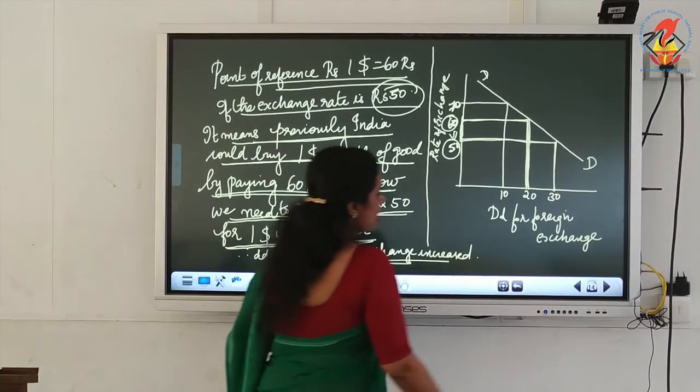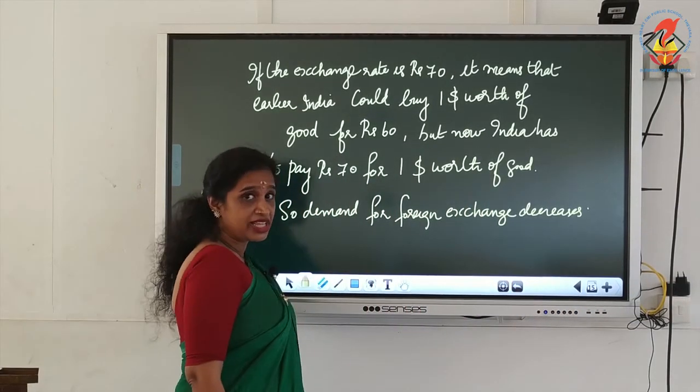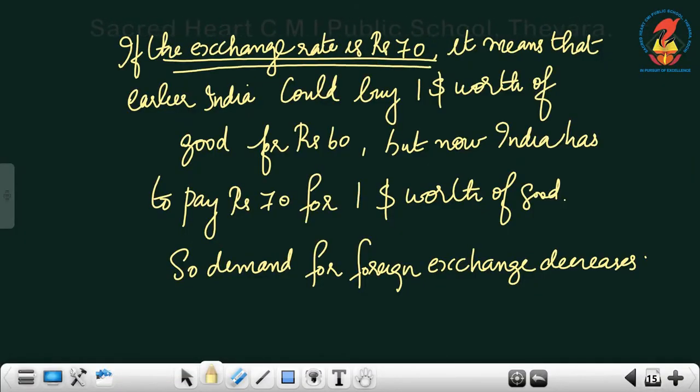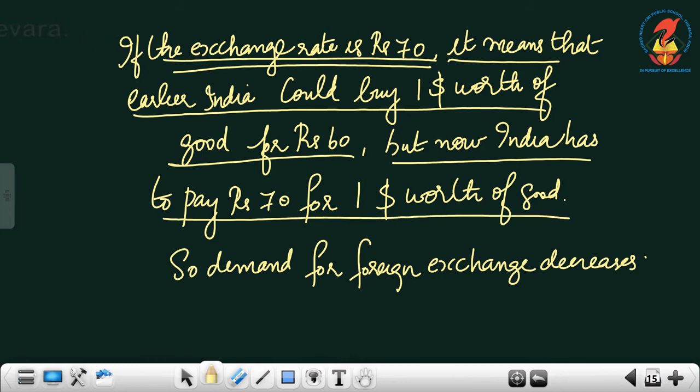Now let us see what happens if the rate of exchange has increased to rupees 70. If the exchange rate is increased to rupees 70, it means that earlier India could buy $1 worth of good for rupees 60, but now India has to pay rupees 70 for $1 worth of good.